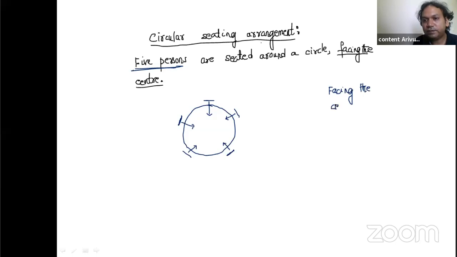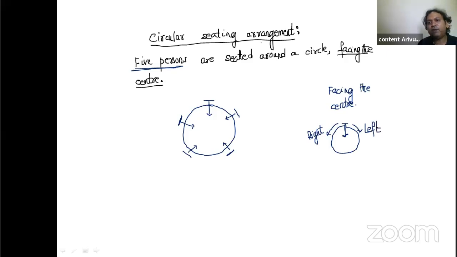If the person is facing the center, like this arrow pointing towards the center, then right is in the anti-clockwise direction and left is in the clockwise direction.